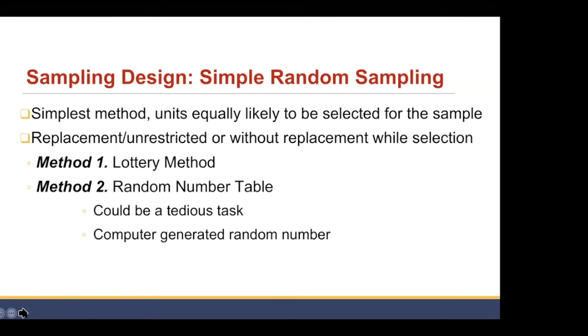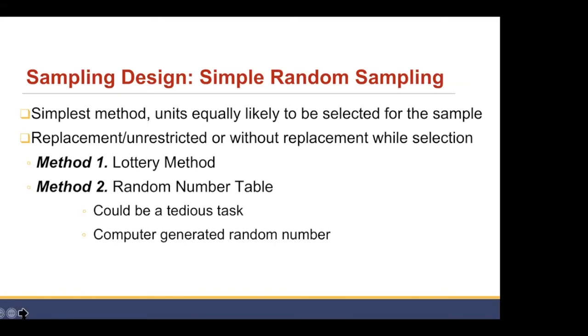But this could be a tedious task, depending on how you are going to use these tables based on the identification numbers of your participants, sample or population. The best way is to use computer programs to generate random numbers.